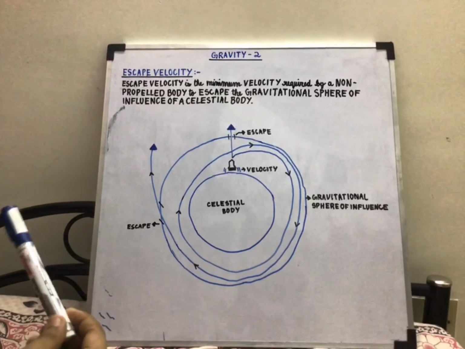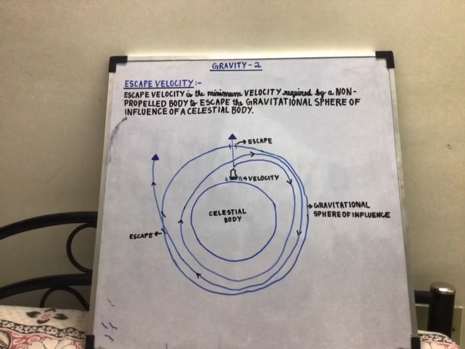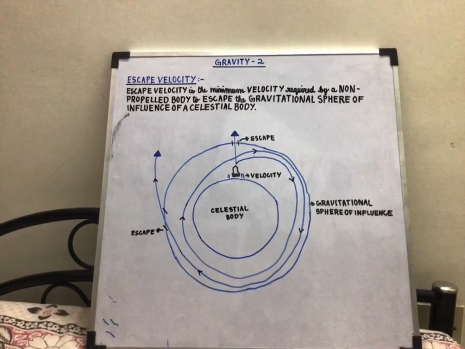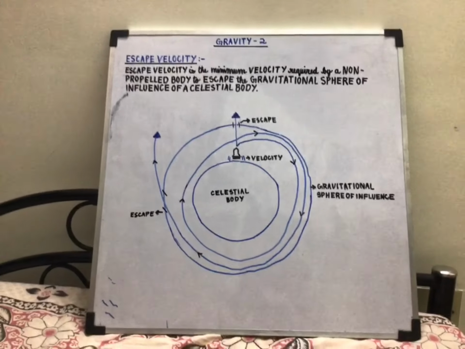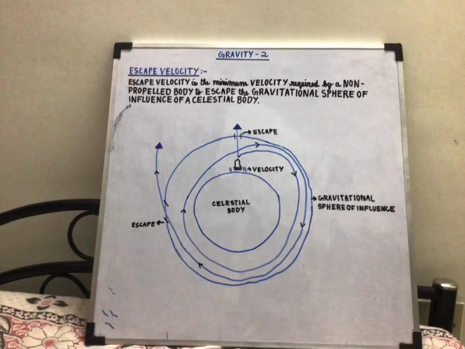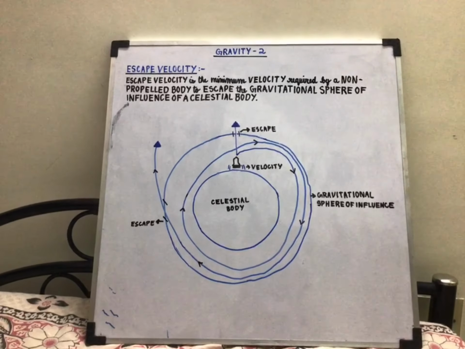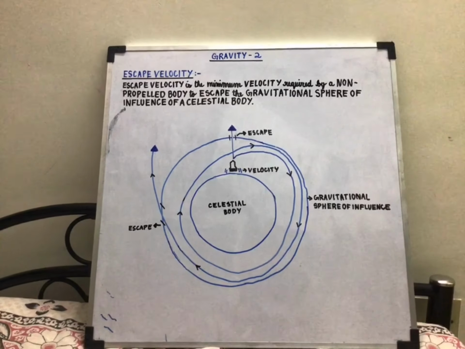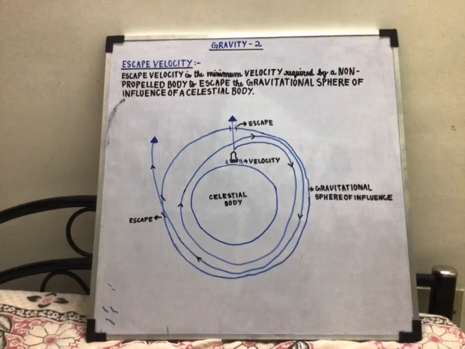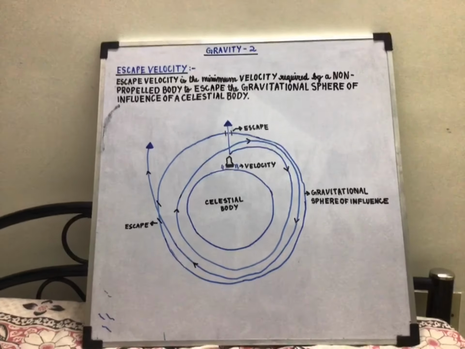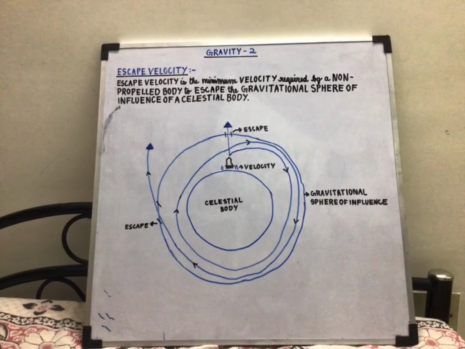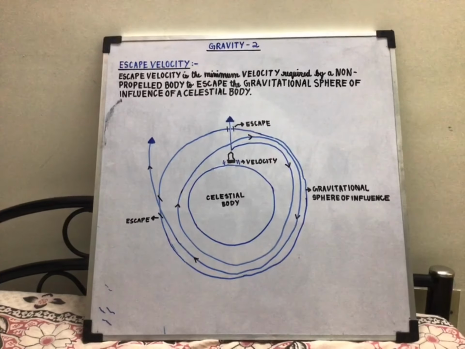I need to throw this pen at a particular speed, a particular velocity, to make it escape the Earth's gravitational force altogether. That required velocity is known as escape velocity in simple terms.